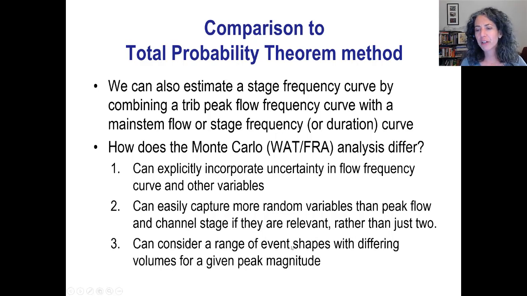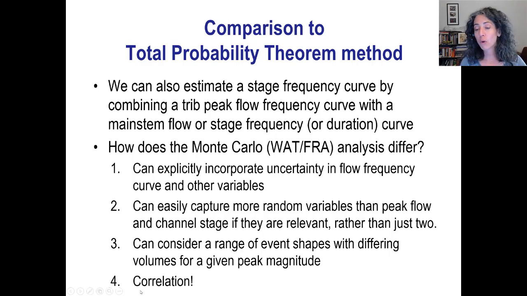If we're modeling flood events, we can consider a range of different event shapes with differing volumes for a given peak magnitude. So we can have a lot more variability in things like the shape of the event going into the Monte Carlo simulation, because we're simulating a lot more events than just what our matrix in the total probability method for the response surface would have provided.